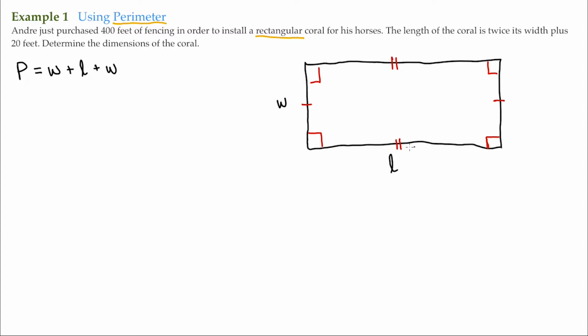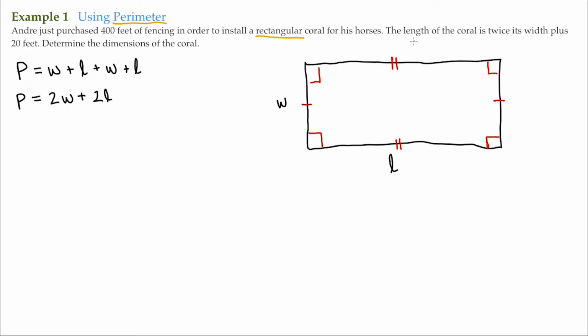And then, of course, I would add that to the measure of this length right here. We could then summarize this: the perimeter is equal to two widths, 2W, and two lengths, plus 2L. So this equation right here generalizes the perimeter of a rectangle.